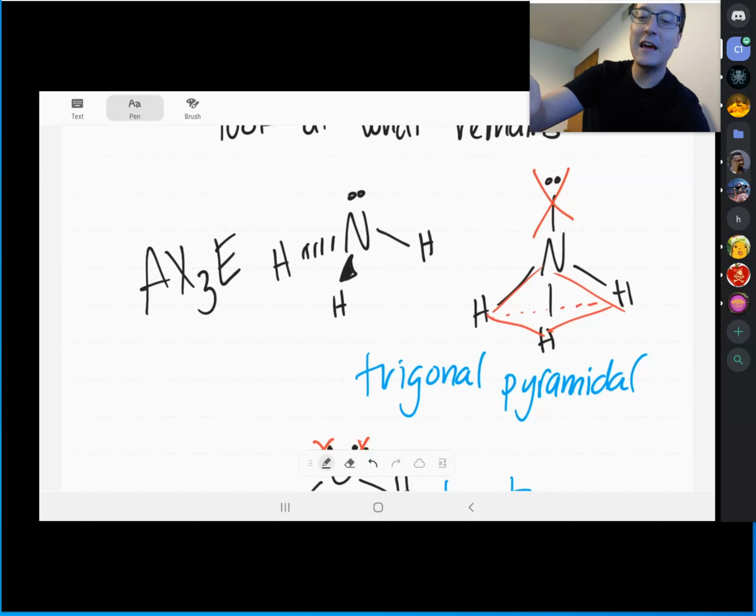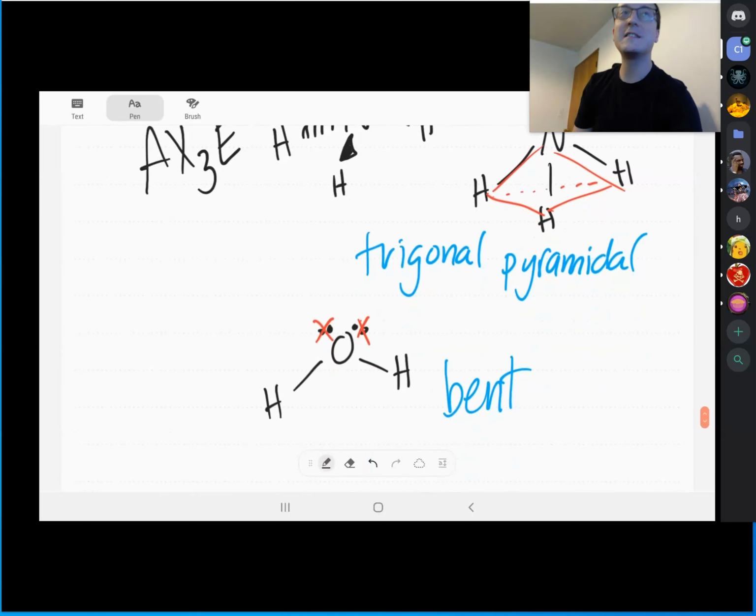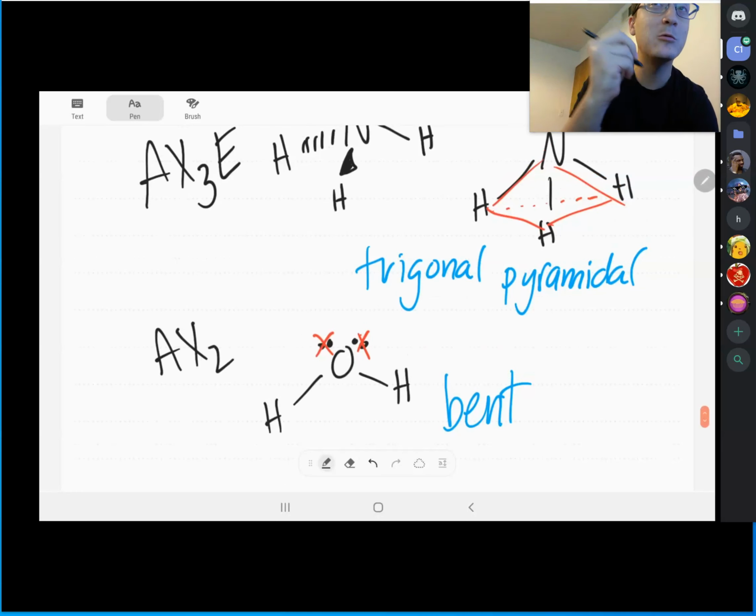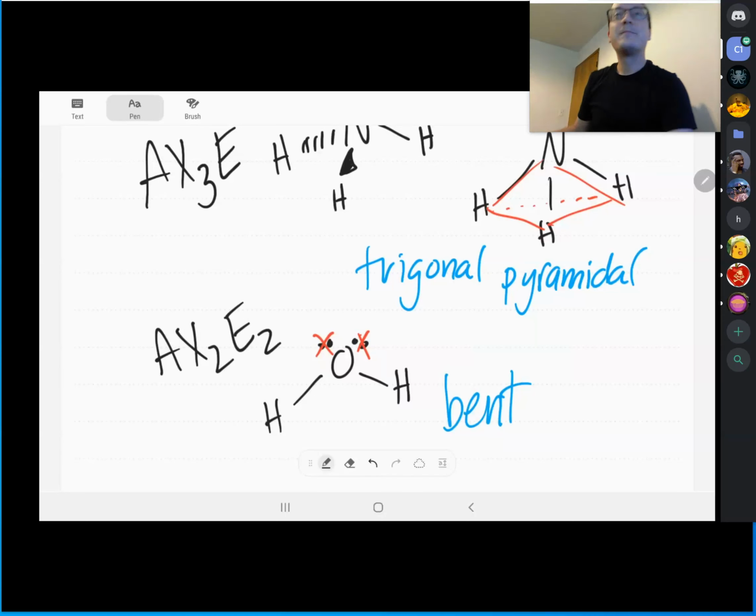All right, and if we have water, what was its classification again? AX2E2. So we see that both of these actually have tetrahedral electron geometry.